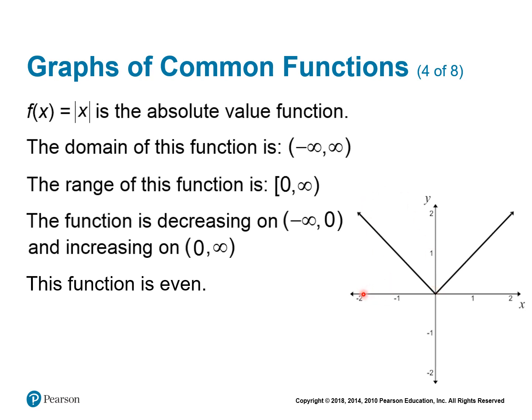So if you choose -2 for your x value, the absolute value of -2 is going to be a positive 2 y value. So keep that in mind in case you've forgotten. An absolute value function always produces a positive value for an answer, for the y value.